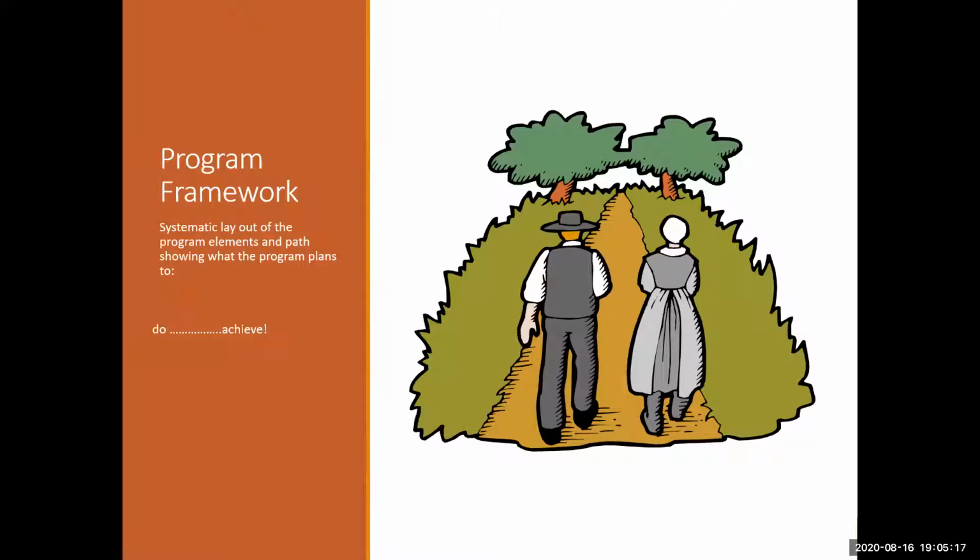To do means the activities that you will do, and the output of it will be the achievement. The goal you will reach will be the achievement of the program. The do is the activity, the thing that you will do inside the program or the project.